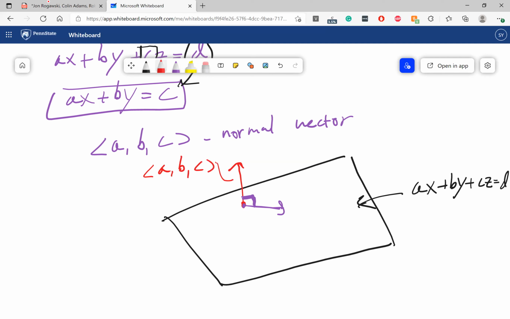That's this vector over here. So in fact, the very nice thing about planes is that these coefficients can be used directly to find a single vector, and this vector characterizes your entire plane. It tells you what your plane is. So that's a very nice fact. Any questions?